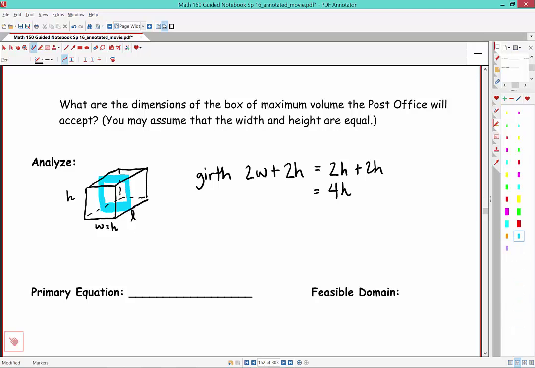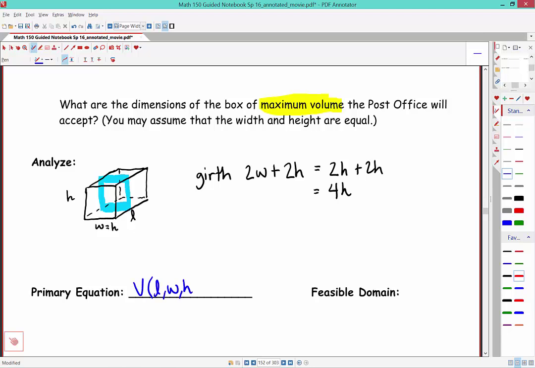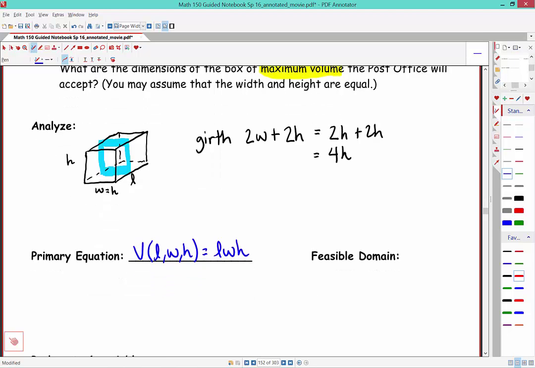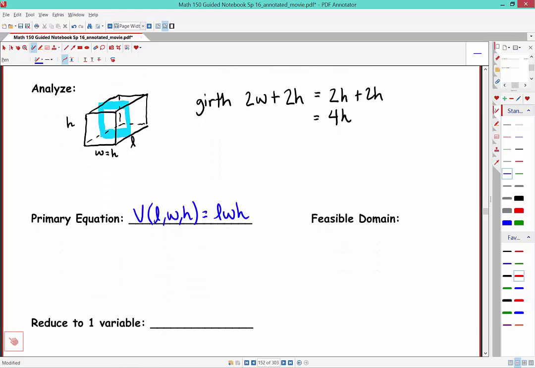And so now, let's figure out what the primary equation is. I see the word maximum, we want to find the maximum volume, right? So here we go, maximum volume. Well, volume in terms of length, width, and height is the length times the width times the height, right? Now, we have some information here.